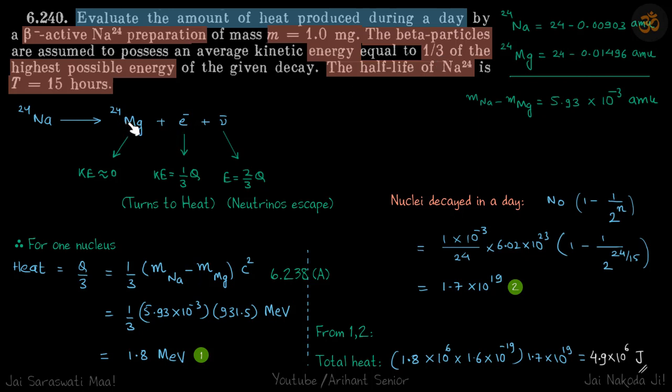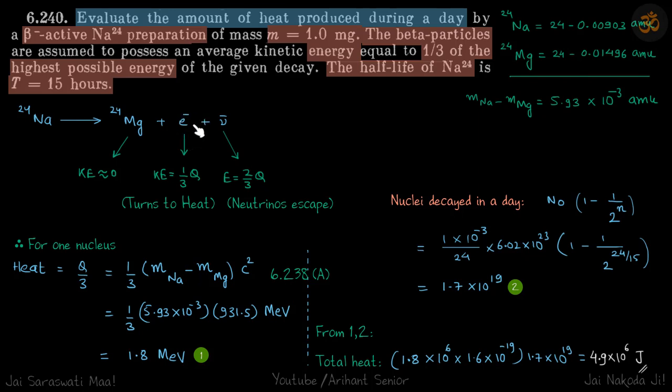So now, assuming this was at rest initially, we know, just like we saw in the previous problem, that between Mg and the electron, the majority of the kinetic energy will be with the electron. So compared to that, we can say the energy of this daughter nucleus is almost 0. That's the first thing. Second, it's given that this has 1/3 of the maximum possible energy.